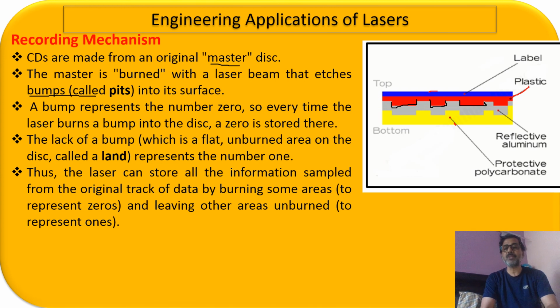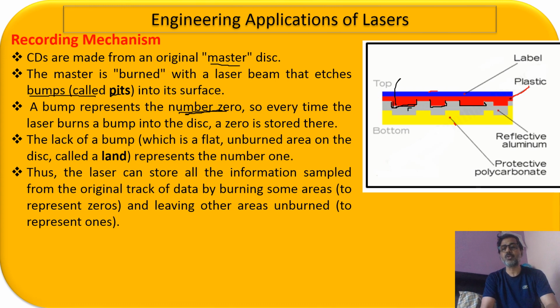So this bump that you are seeing over here will be called pits, right? A bump represents number 0. So wherever you are getting bumps or pits, that is going to represent the number 0. That we should remember.